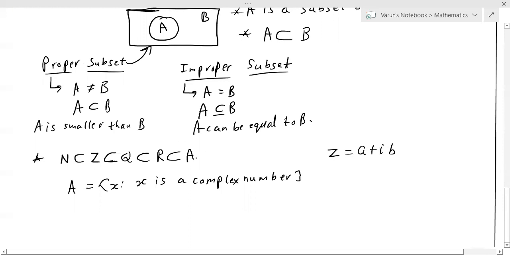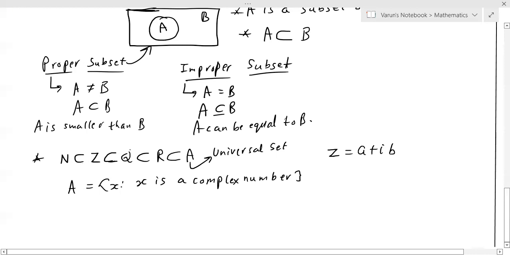So the universal set in this case will be A, and the rest will be all subsets. A is the complex number set, and then you have real numbers, then rational numbers, then integers, and then natural numbers. I have not included the whole numbers in this particular count, but you can put a W in between N and Z.